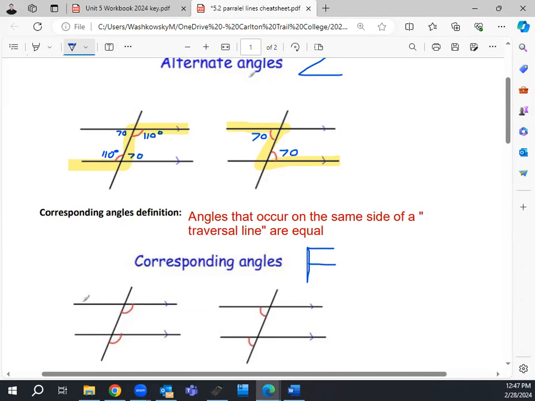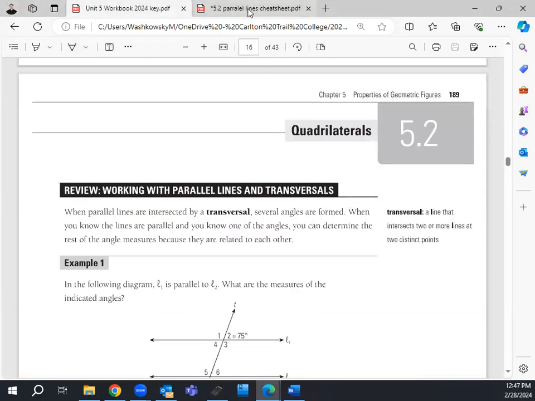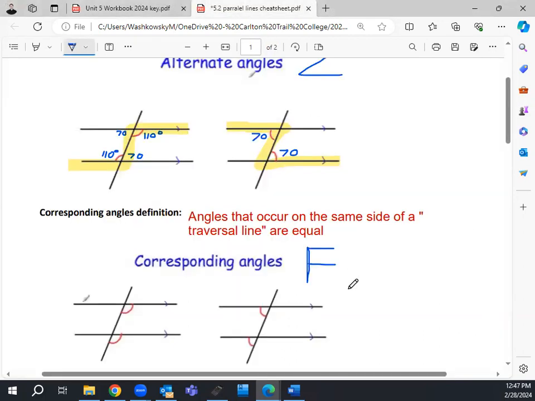So we're looking at a transversal line. Basically a transversal line, and this is in your workbook here, so you don't need to write it down, is a line that intersects two or more lines.